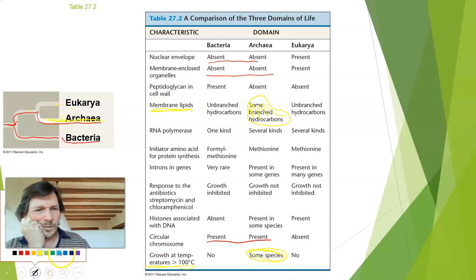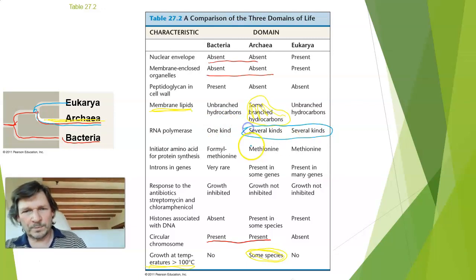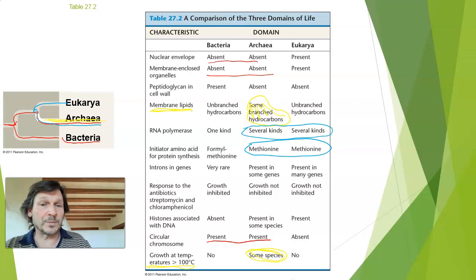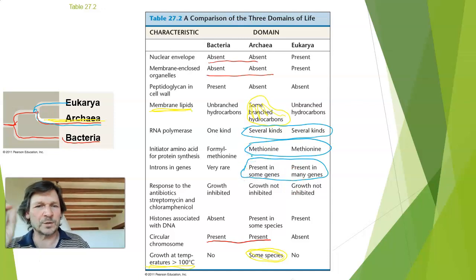And then what are unique and have happened from here and have been passed on to the eukaryotes and the archaea is that they have a similar RNA polymerase. How they start, this is a very 130 thing, but it has to do with their protein synthesis. Their gene structure has introns, so parts of the RNA are excised out.